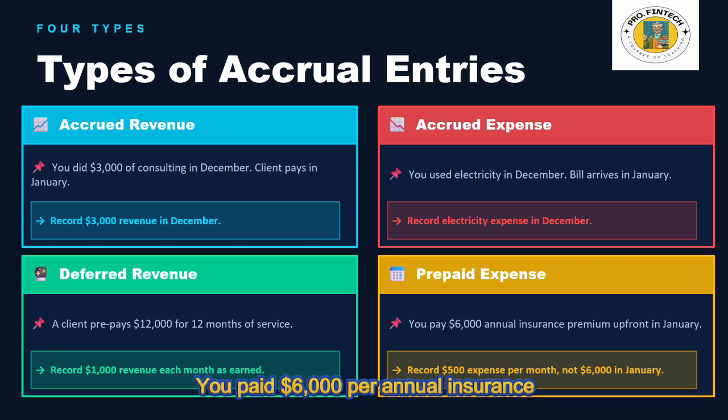You paid $6,000 for annual insurance upfront in January, but the insurance benefit covers 12 months. So instead of recording a $6,000 expense in January, you record $500 per month, spreading the cost across the period it actually covers. All 4 follow the same principle. Record the economic reality in the period where it actually belongs.